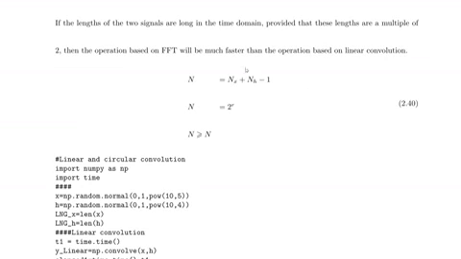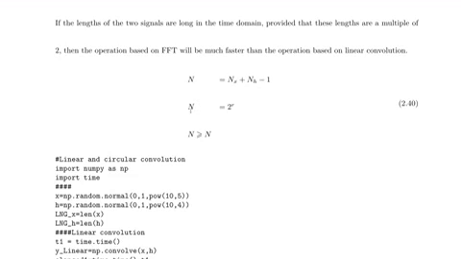Okay. So, having important relations again, N will be nx plus nh minus 1, the length of x input, the length of impulse response, nh.